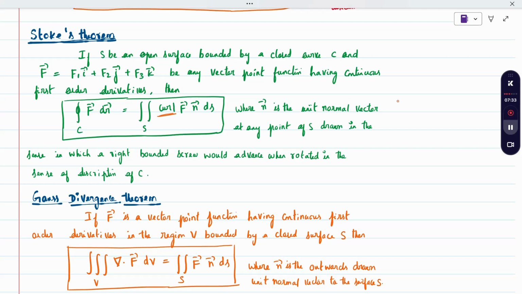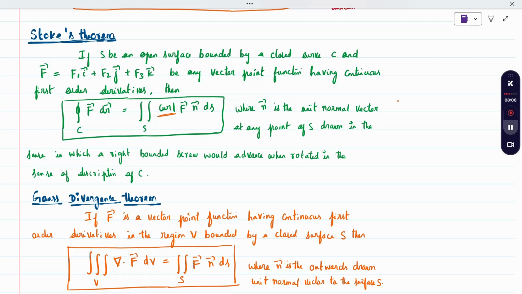Here n vector is a unit normal vector at a point of S drawn in the sense in which a right-handed screw would advance when rotated in the sense of description of C. Okay, how it is rotated, how it is given in the question, when I explain it in the problem in my later video, you can check it. When I teach Stokes theorem, you can verify in that video how it comes. Okay, I will explain it.